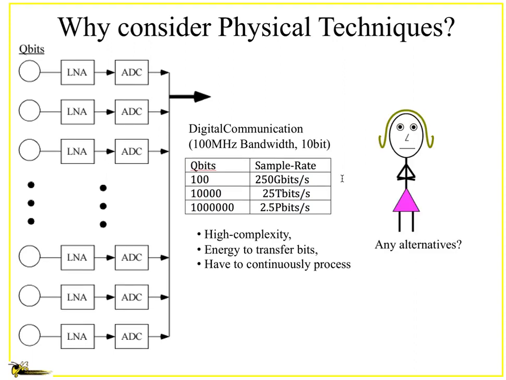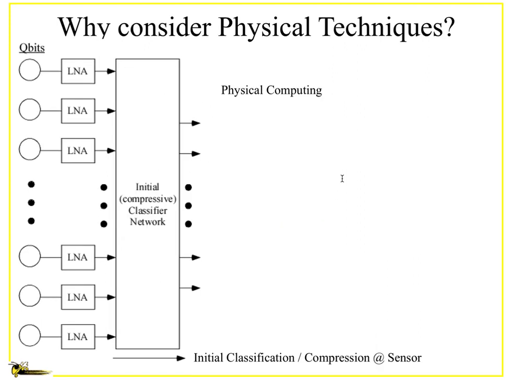So you look at this and you think, I've got a really interesting problem, and you might say, well, are there any alternatives to solving this particular problem? Well, imagine I could build some sort of initial classifier network in this. And again, if it's purely digital, it may or may not seem like I'm getting a huge advantage by grouping all these LNAs locally. But imagine it's done in a physical computing structure where I get some initial classification and compression and refinement of the data right at the sensor that has a chance of actually improving the overall SNR of the refined data.